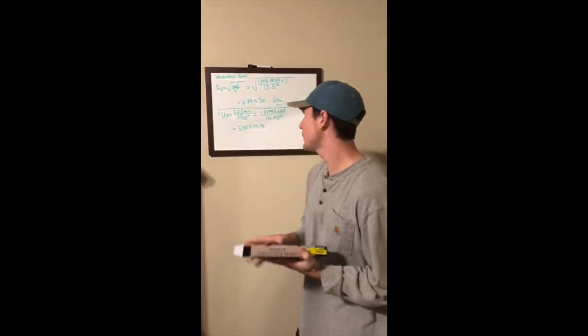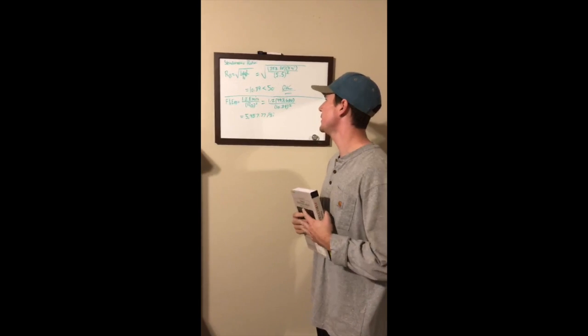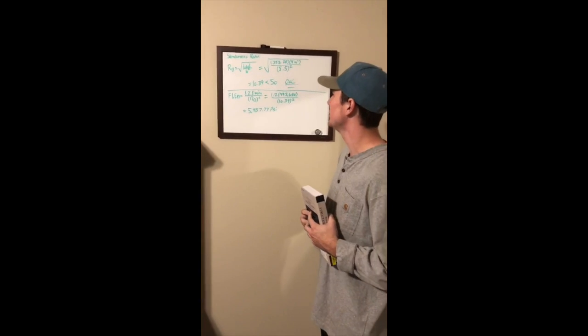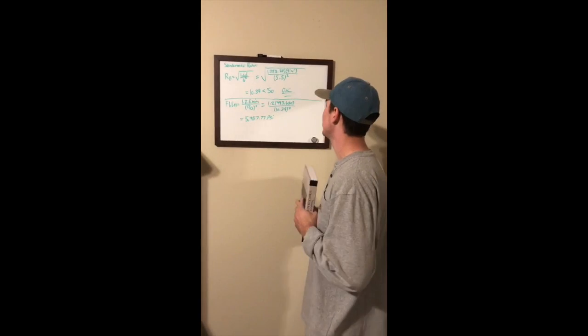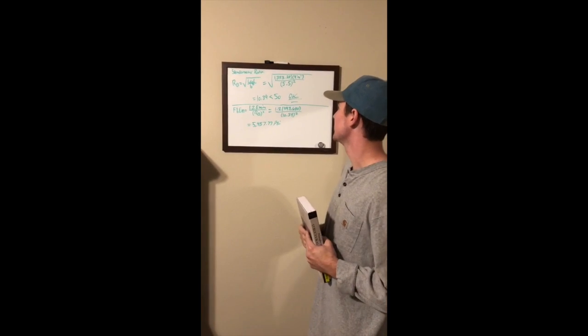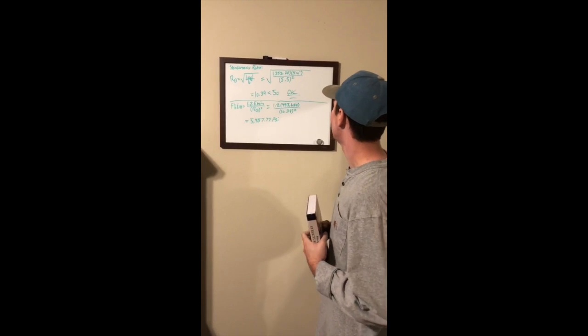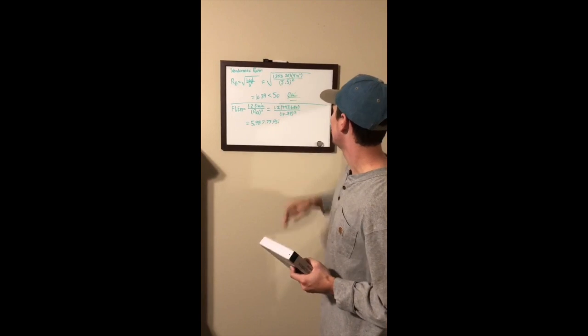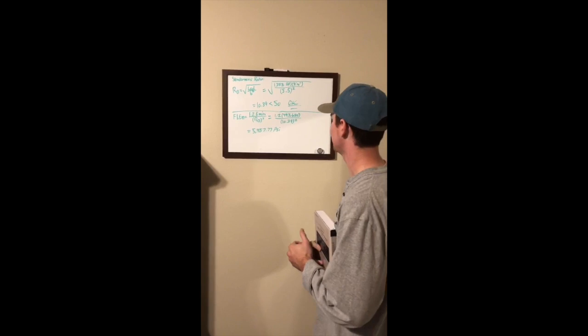Okay, so the next step, we have to find the slenderness ratio. We do this by taking the equation RB equals the square root of LE times D over breadth squared. You get this by plugging in the number we got from the last step: 353.28, times our D, 9.25, divided by our breadth, 5.5 squared.